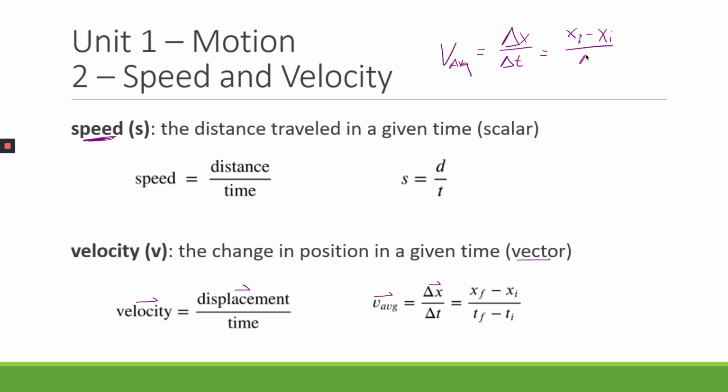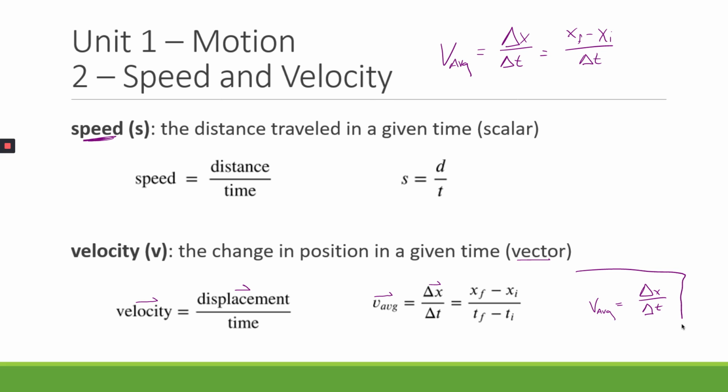So you could write it like that as well. These are all versions of the same formula. We're just describing it in different ways so that you can use it to solve different problems. But essentially it is average velocity equals your displacement over your time.